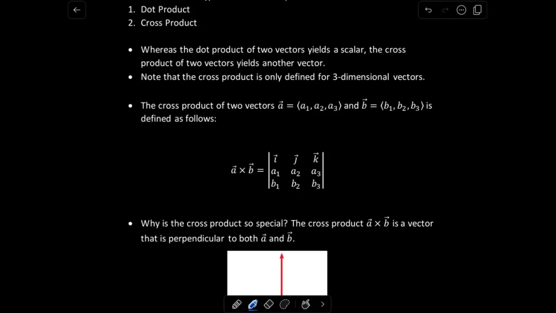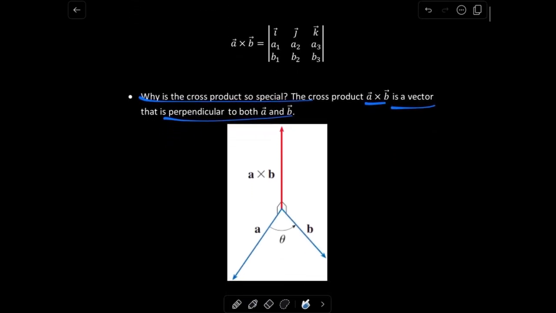So why is the cross product so special? Why are we bothering learning about this? The cross product A times B is a vector that is perpendicular to both vector A and vector B. If you look at it in terms of a diagram, here's vector A, here's vector B. Don't worry about the theta right now, it's just in this drawing. We'll come to it later.